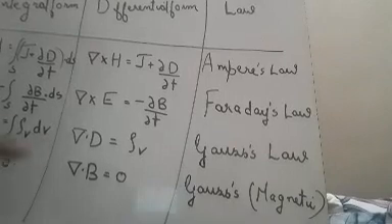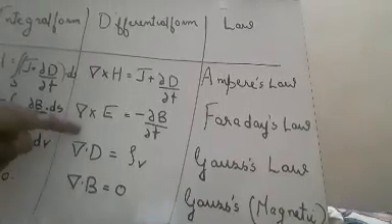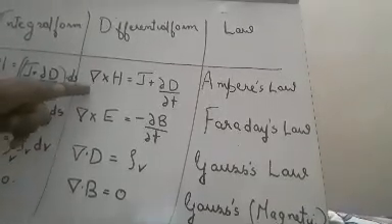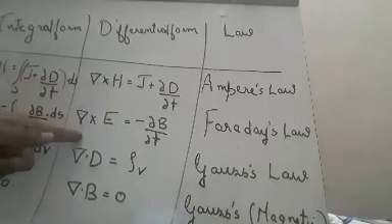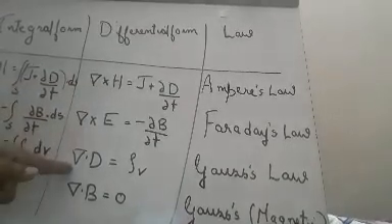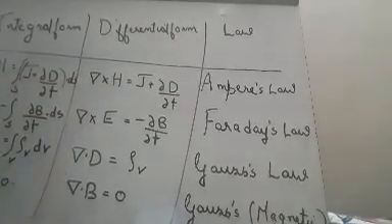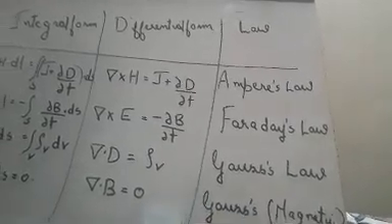In differential form: del cross H is equal to J plus dou D by dou t, del cross E equal to minus of dou B by dou t, del dot D equal to rho v, and del dot B equal to 0.